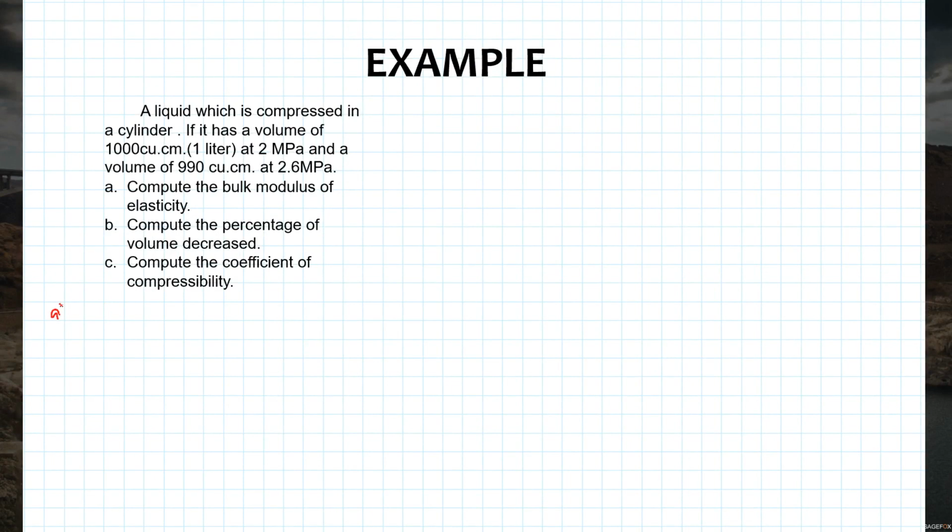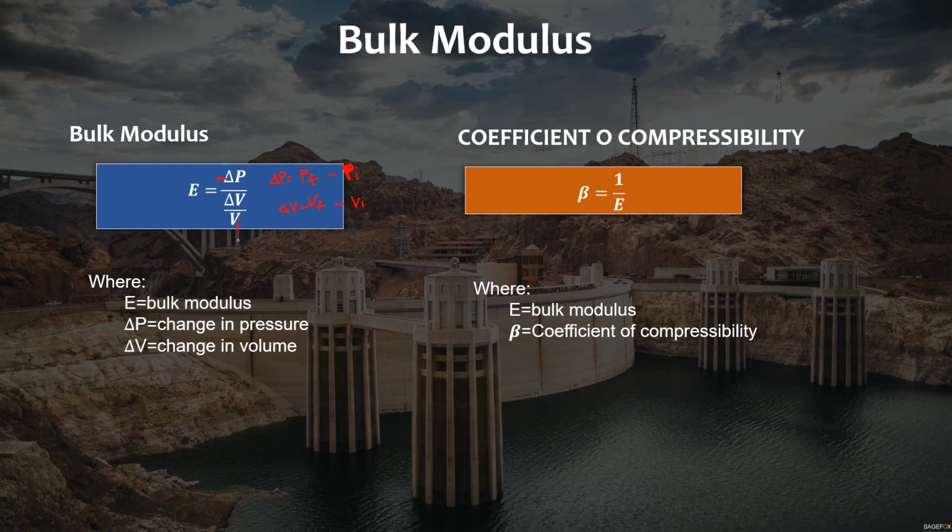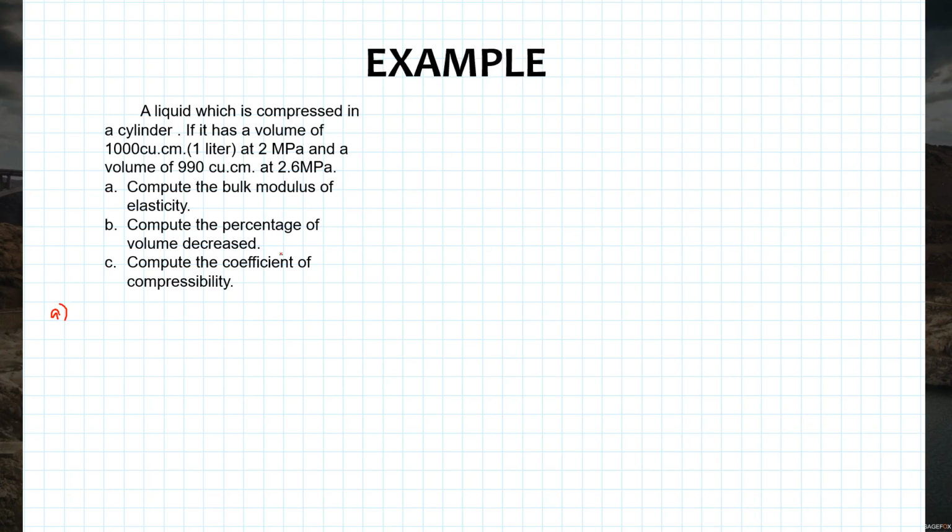Letter A. Going back to the formula to be used, E is negative delta P over delta V over V initial. Let's use that on the required problem in letter A. So E is equal to negative delta P over delta V over V initial.